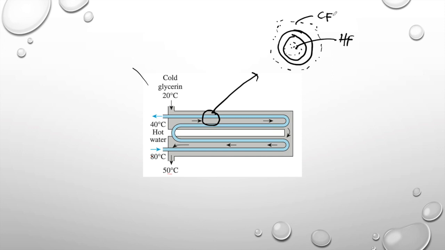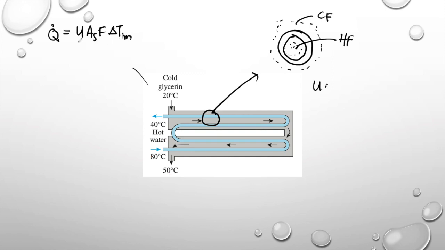Since this is a combination, you have to follow these kinds of steps in order to analyze the heat exchanger. What is the point of doing this? Because you have to find U. We know that we have to find the rate of heat transfer, UA_s F delta T log mean.